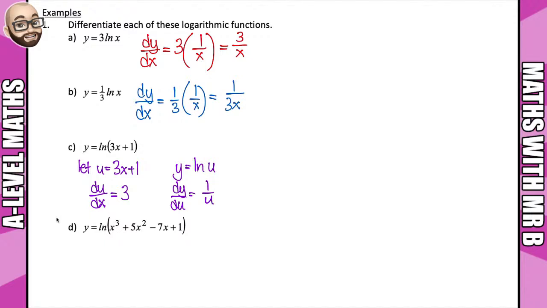And we're now going to multiply these two fractions together, and that's going to work out dy/dx. That's going to get us 3 lots of 1 over u, which equals 3 over u, and if we substitute u back in, we get 3 over 3x plus 1.